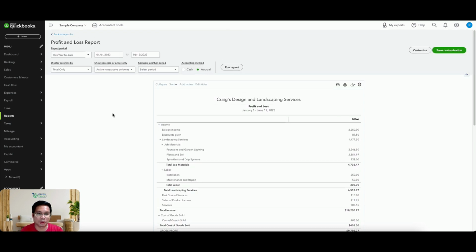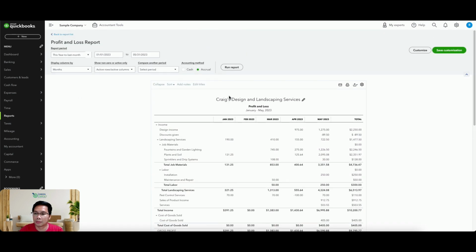So to customize reports, we can change the report period. Usually this will be this year to last month. And we can change the columns, whether years, quarter, or months, so it looks better and you can tailor it to whatever you need.